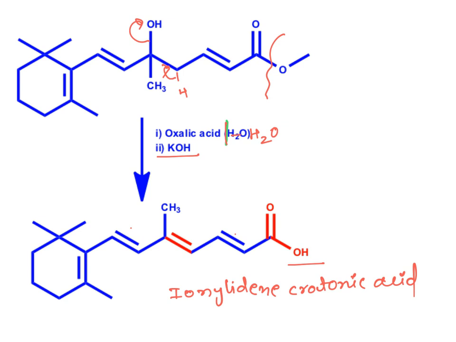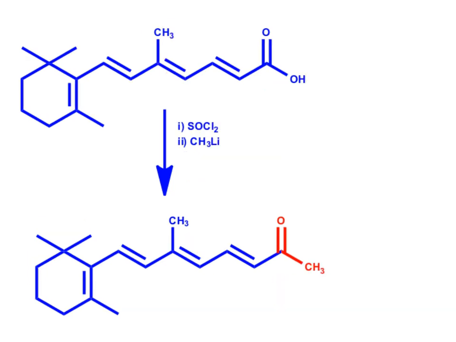After forming ionylidene crotonic acid, again we have to lengthen the side chain by using the acid functionality. How can we increase the chain length? By taking the acid functional group and reacting it with thionyl chloride.